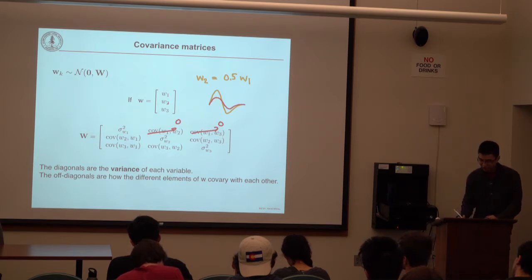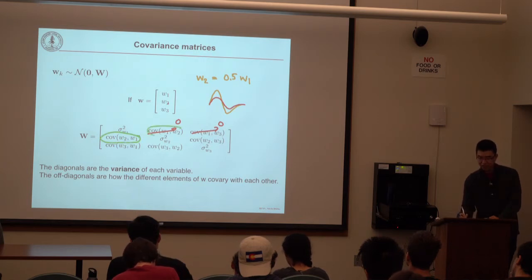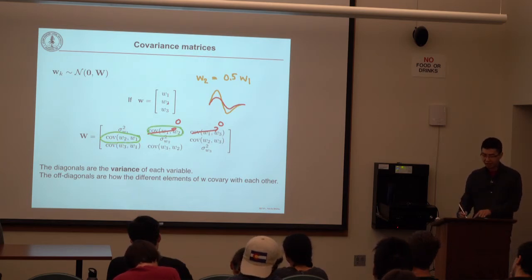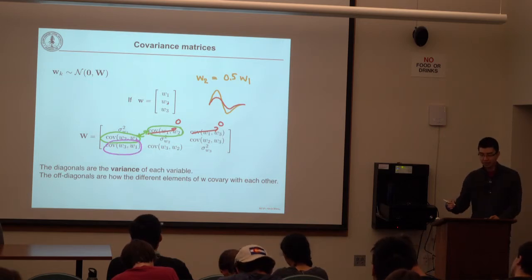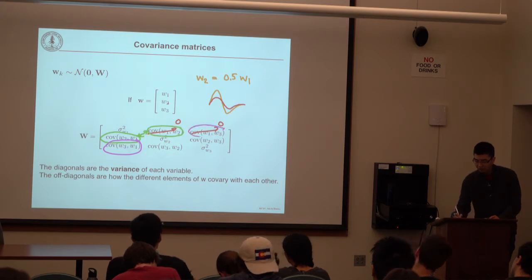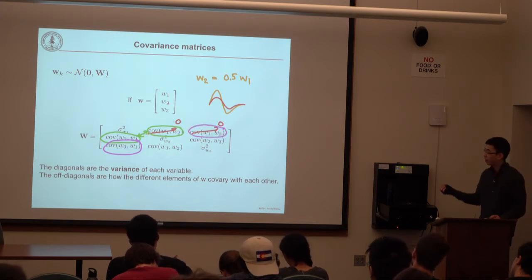One other thing to note is that this is a symmetric matrix. So the covariance of W2 and W1 is exactly equal to the covariance of W1 and W2, and these two terms will be equal. Similarly, the covariance of W3, W1 will be equal to the covariance of W1, W3.